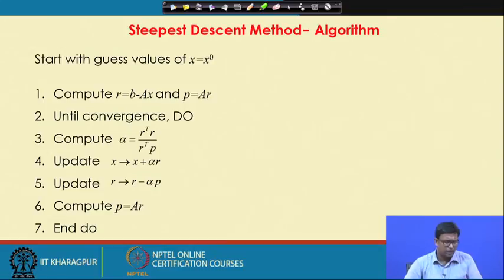The final steepest descent algorithm will start with a guess value x is equal to x 0, compute r is equal to b minus A x, and define a new variable p which is A r, p will be utilized later.